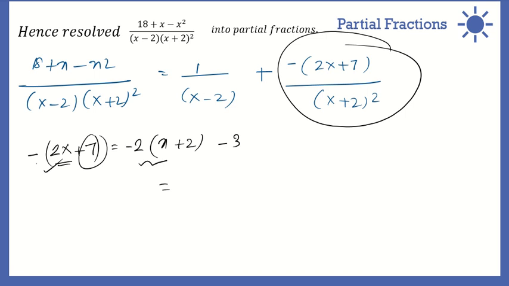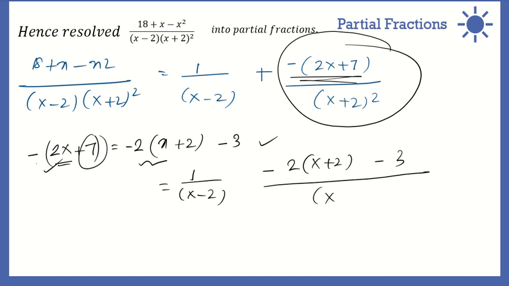So instead of minus 2x plus 7, we write 1 over x minus 2, and for this part minus 2 times x plus 2 plus 3 over x plus 2 squared.